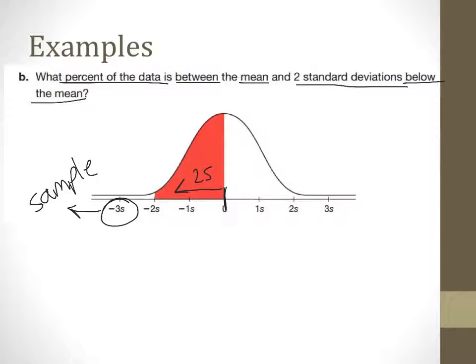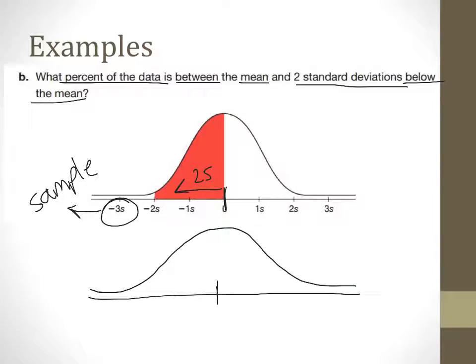Okay, so let's review what we talked about in this lesson so far. We had something called the empirical rule, which described what happens when we go a certain number of standard deviations from our mean, and specifically the one I want to refer to is the one that goes 2 standard deviations in both directions.